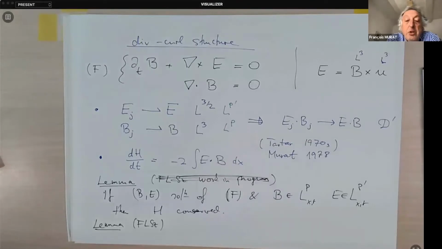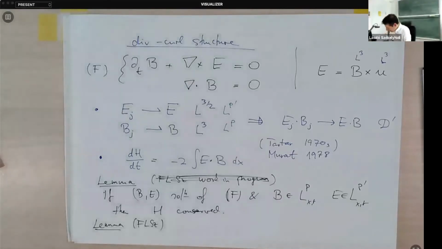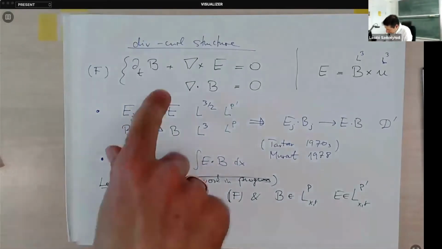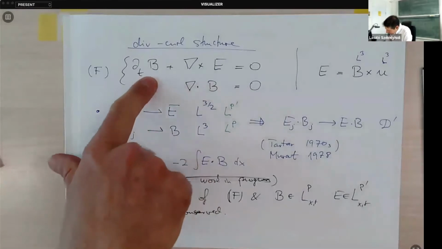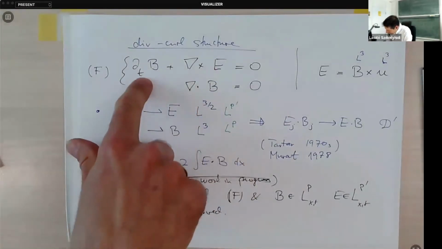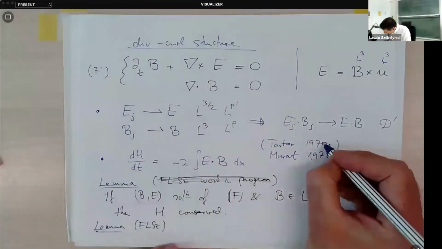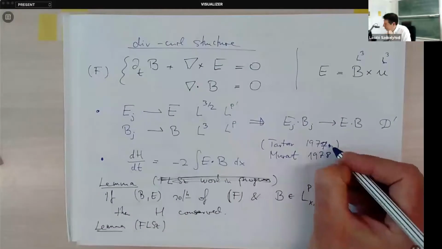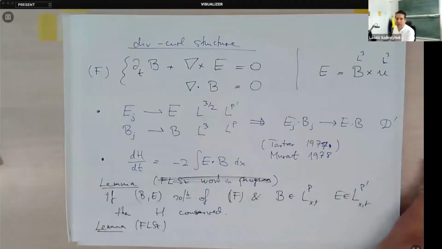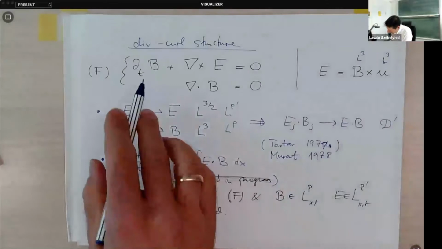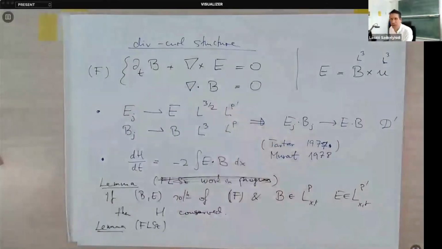Actually, this is a Tartar-Murat paper. I was just referring specifically to this case with the T. The only reference I found is a paper by Tartar from '77. I think there's one paper in '77 where this is explicitly mentioned with the T.